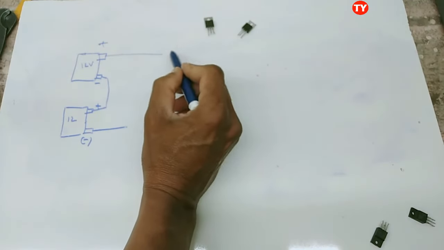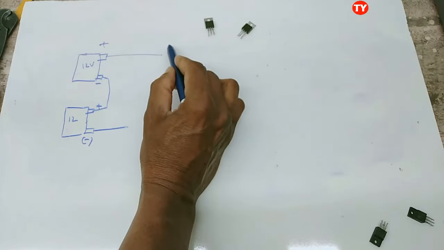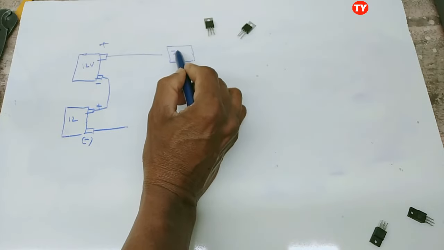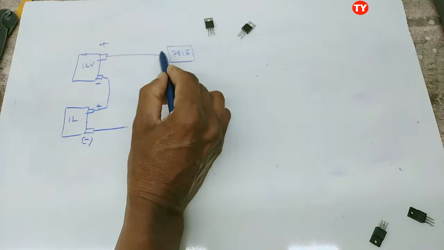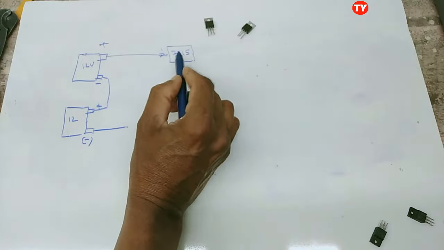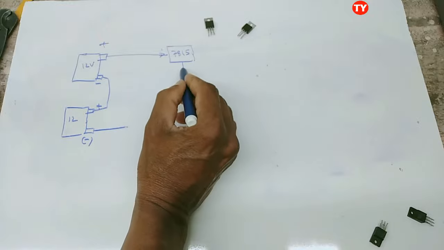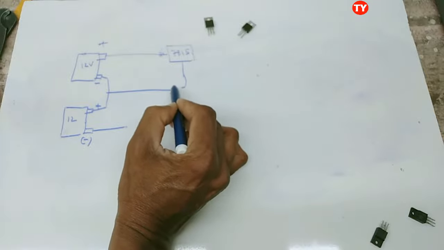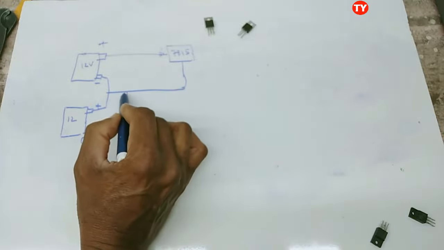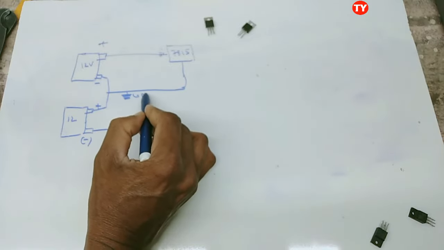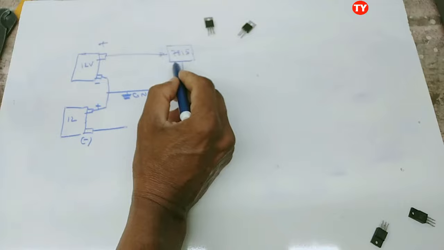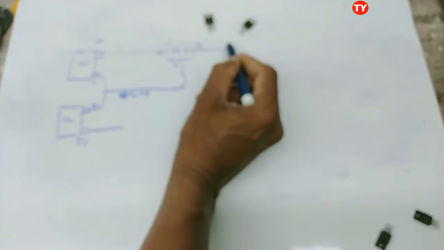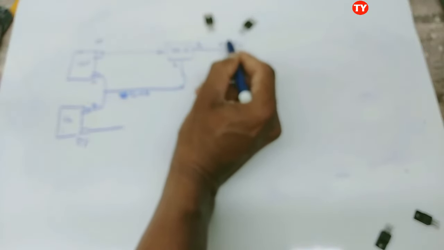You have to give direct here positive regulation. We have to use 7815, pin number 1 voltage input, and pin number 2 ground. Here we will get pin number 3 output 15 volt regulated positive voltage.